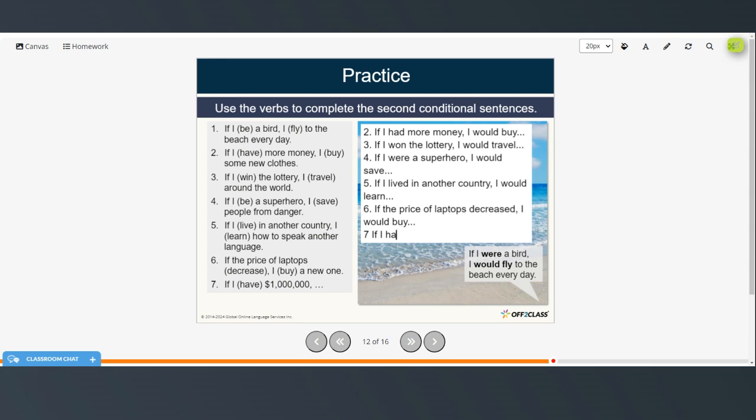Finally, if I had $1 million, so I would, and then you can add in whatever you would do with $1 million.